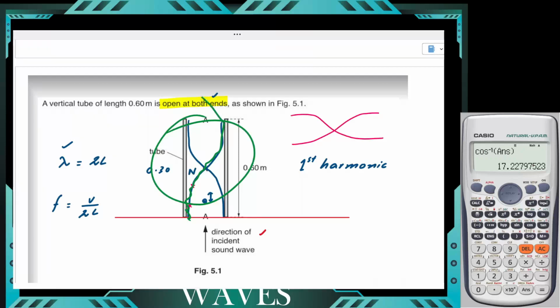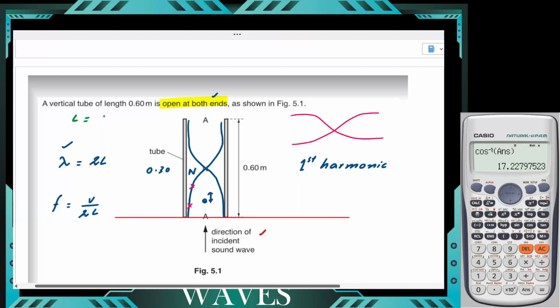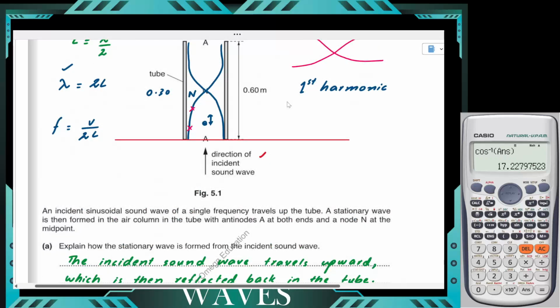You get a full wave only if you return to the same point. So lambda in the length of the tube, you have half of the wave, and thereby lambda equals 2L. In fact, in the derivation of these formulas we use the same concepts. So lambda equals 2L, so 2 times 0.60 would be 1.2. So lambda equals 1.2 meters.